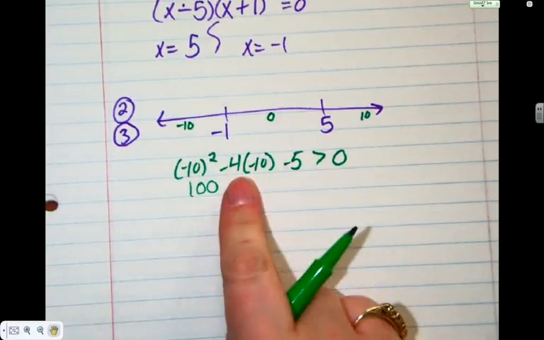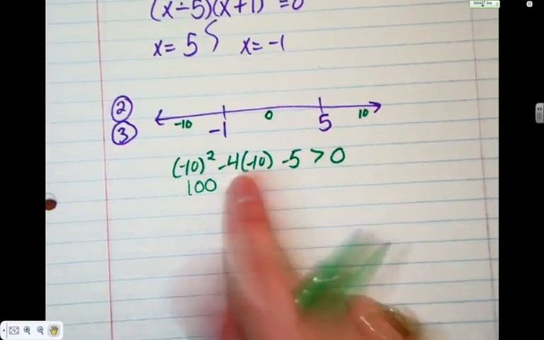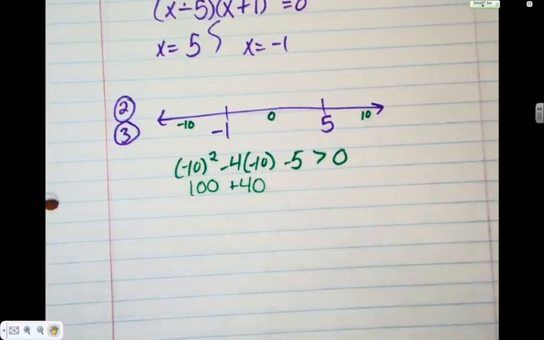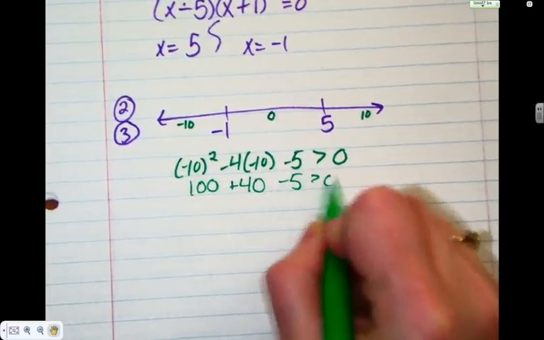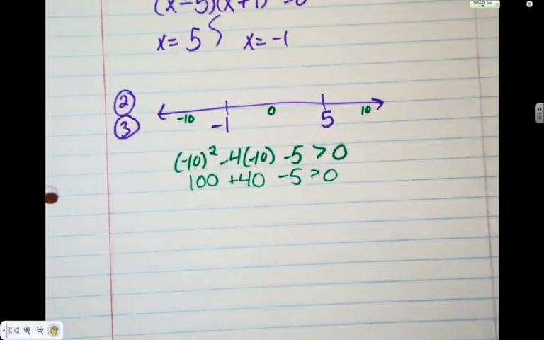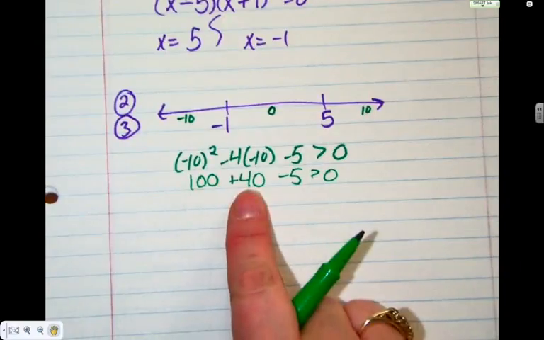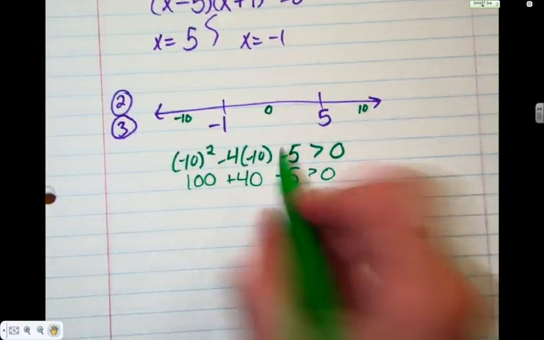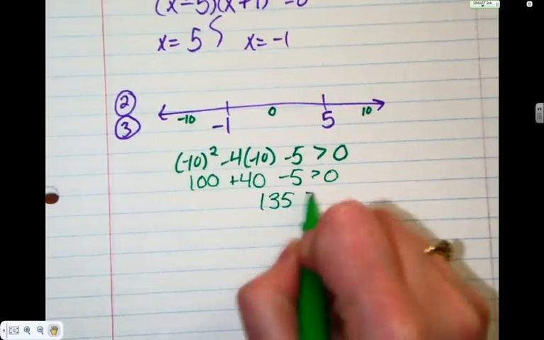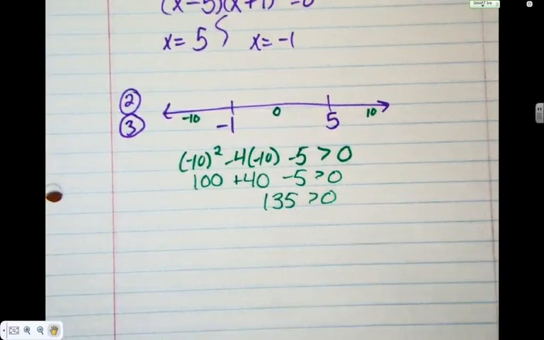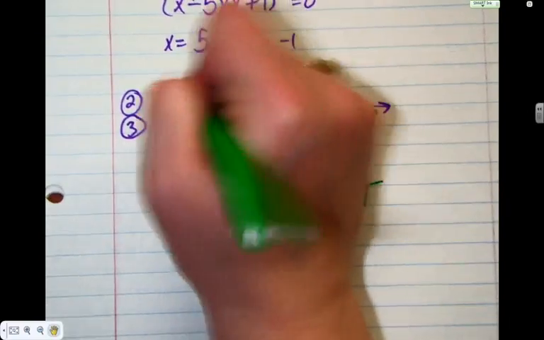Then I'm going to do the multiplication, -4 times -10. And then I've got that -5. Now just doing the addition, 100 plus 40 minus 5. That's why I tend to use 10s, because they're easy to square and easy to multiply. All I want to know is, is this true or false? Is 135 greater than 0? That is true. So I'm going to write a T above that interval.